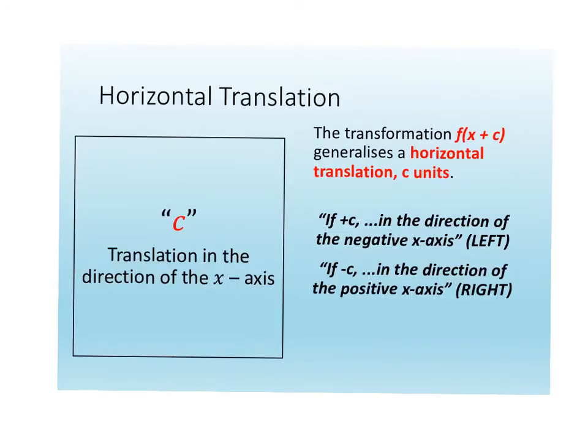Horizontal translation. The transformation f(x + c) generalizes the horizontal translation by c units. It doesn't matter what f(x) is. It could be a cubic, it could be a quartic, it could be anything.